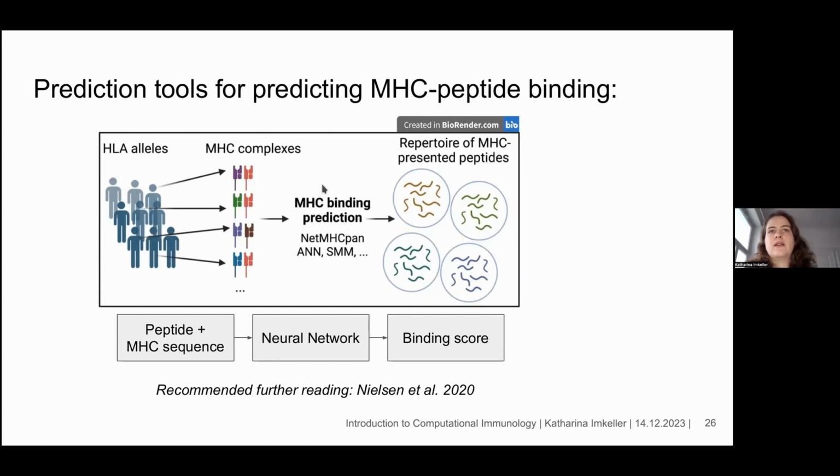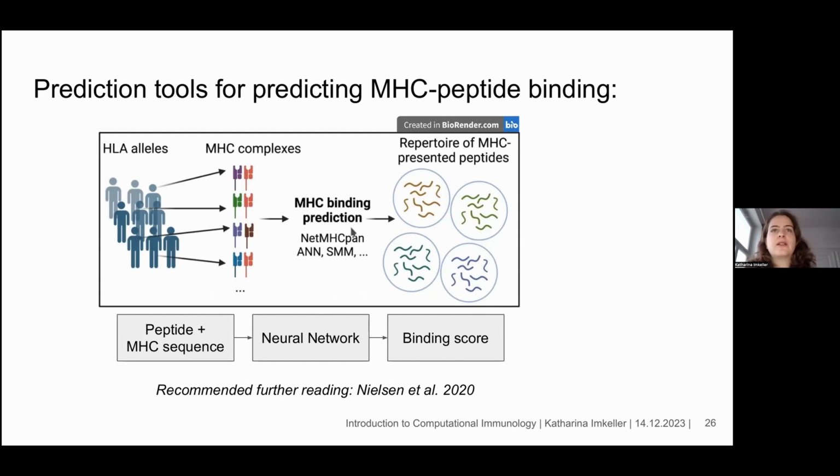With this, you can then use MHC binding prediction tools. So these are computational tools that, as I said, predict which peptides are presented on the MHC molecules. This is important for cancer immunology, for example, if you want to detect neoantigens. It's important for vaccination, also for a virus infection.